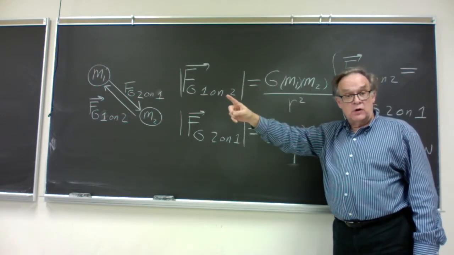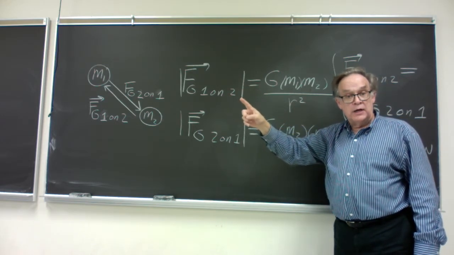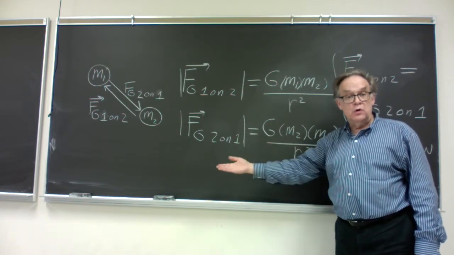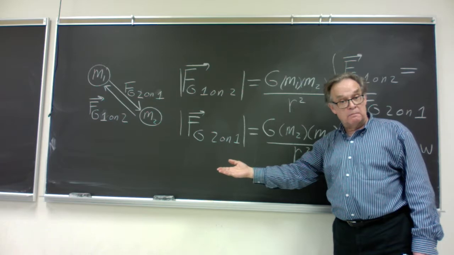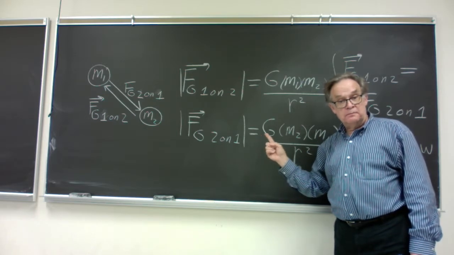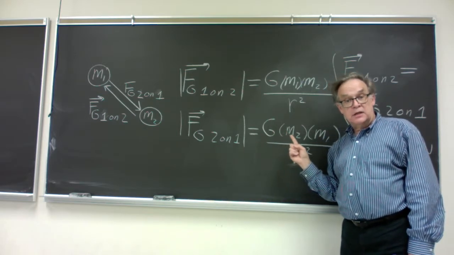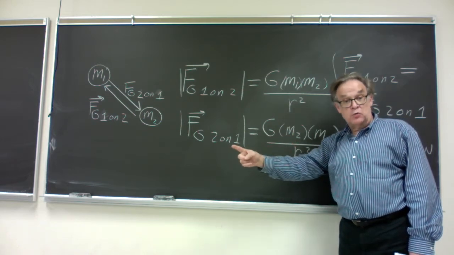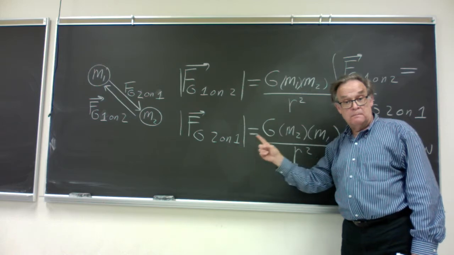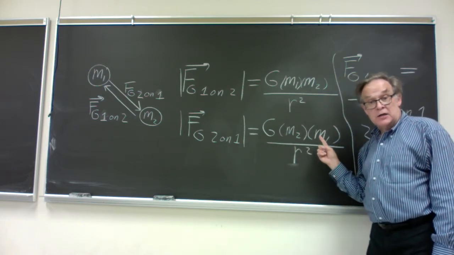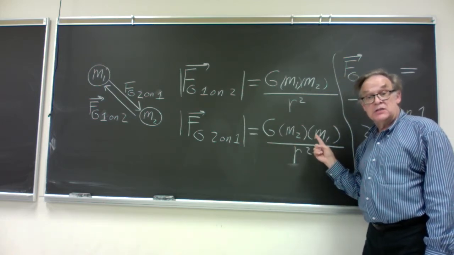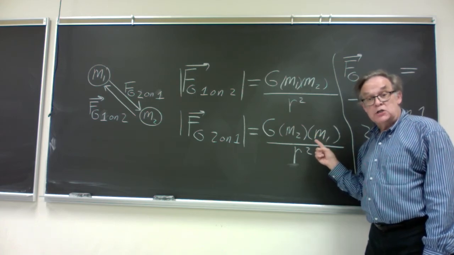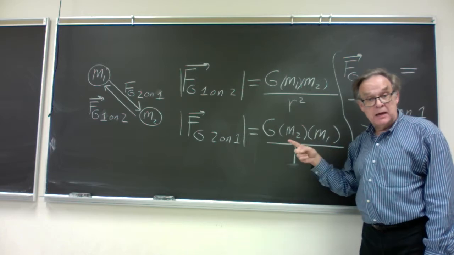Instead of the gravitational force from 1 pulling on 2, let's look at the gravitational force from 2 pulling on 1. So G, and then in the next slot goes the mass of the source. This is a force from 2 pulling on 1. And then in the last slot goes the mass of the thing that's feeling the force. Mass 1 is pulled by mass 2.